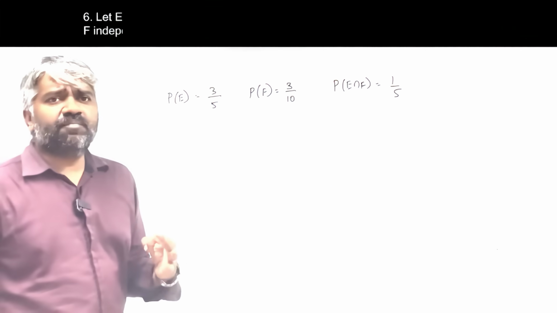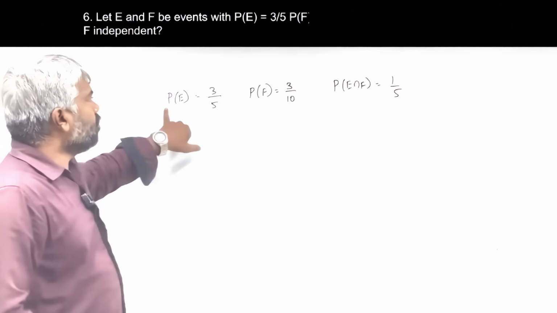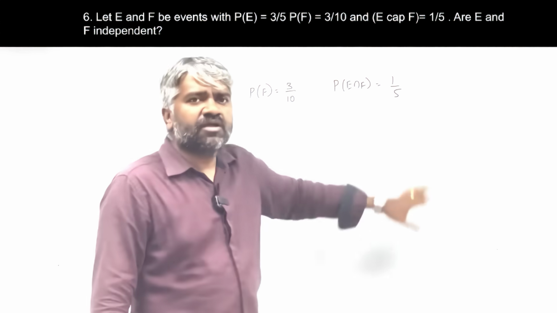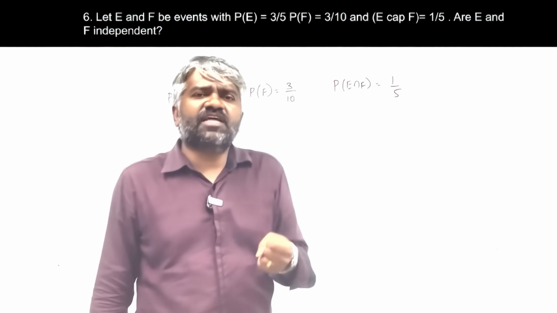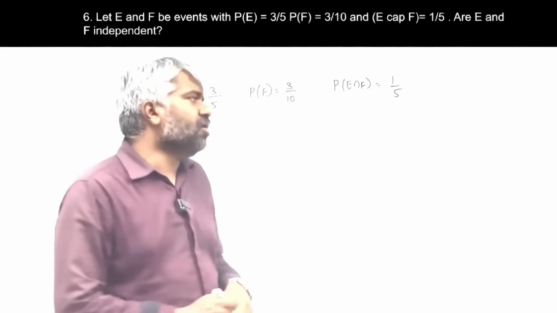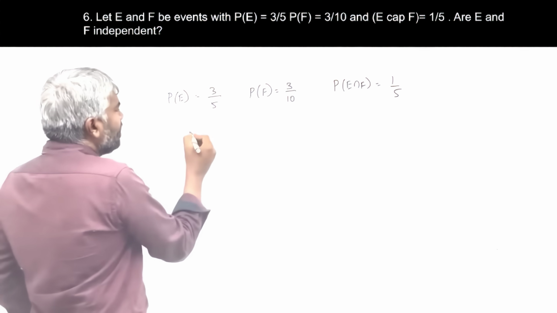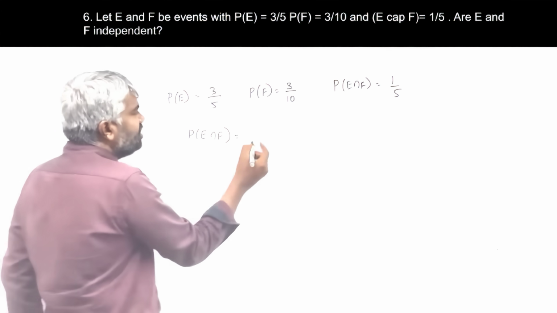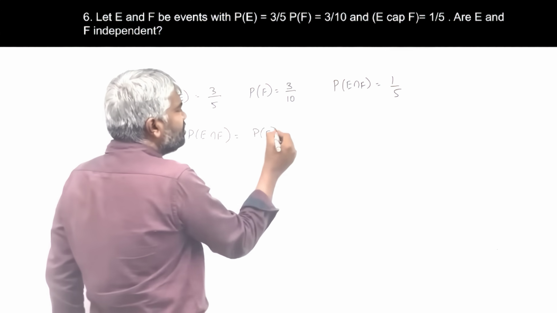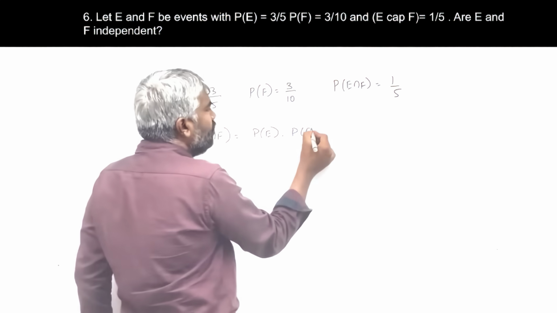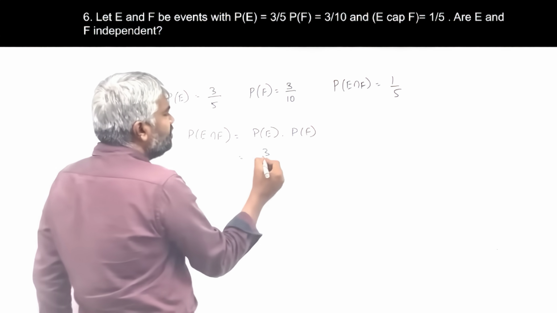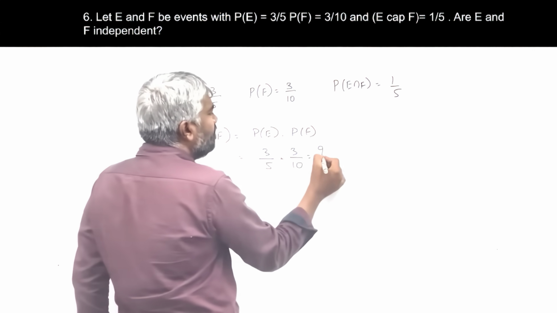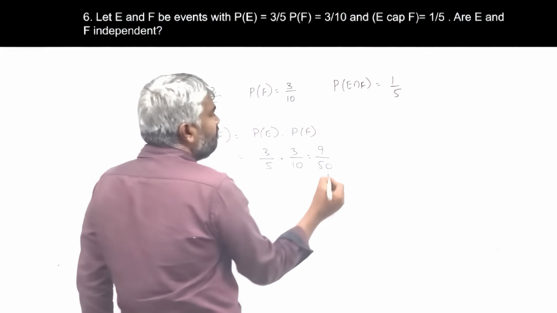Let E and F be the events. Probability of E is 3 by 5. F has been given. E intersection F has been given. The question is, we have to check whether E and F are independent or not. This is a very simple sum. To check the condition, you have to find P of E intersection F, which is P of E into P of F, which is 3 by 5 into 3 by 10, which is 9 by 50.